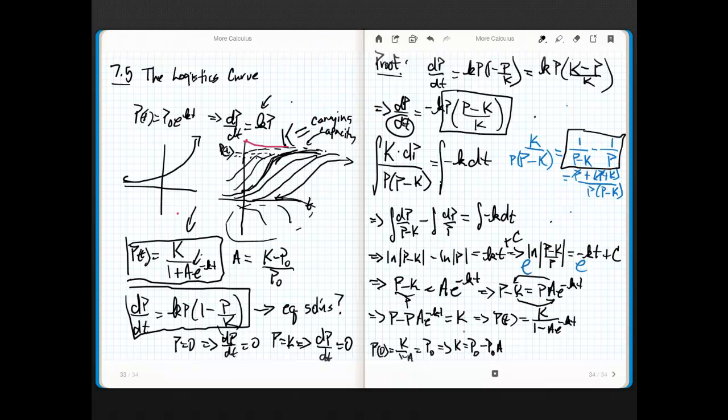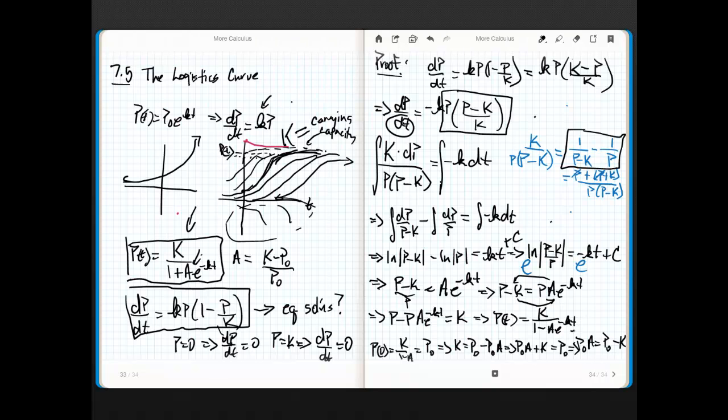If I add this over, because I'm solving for a and I don't like negatives, P naught a plus capital K is equal to P naught, right?